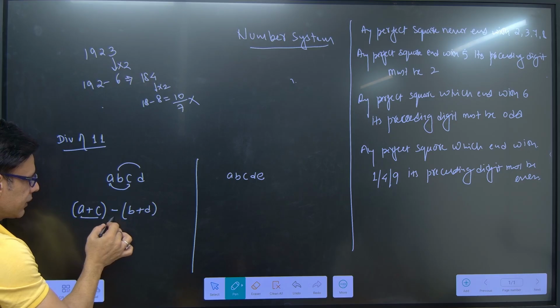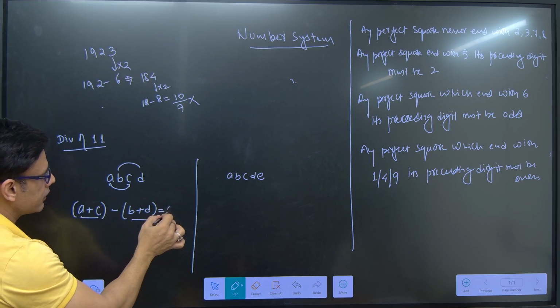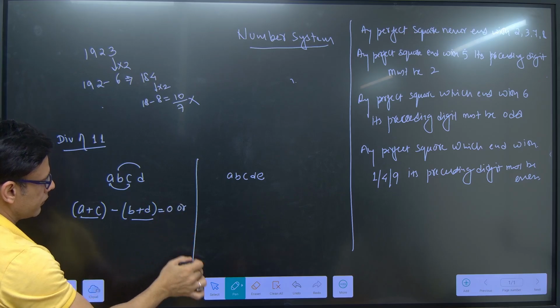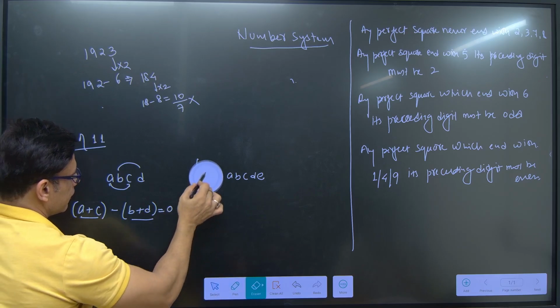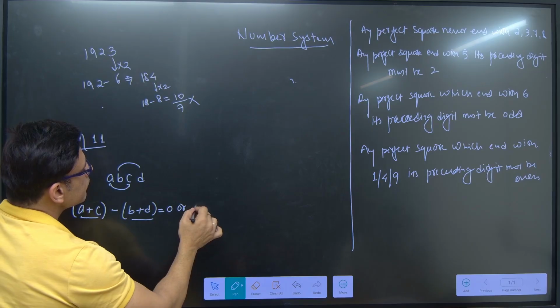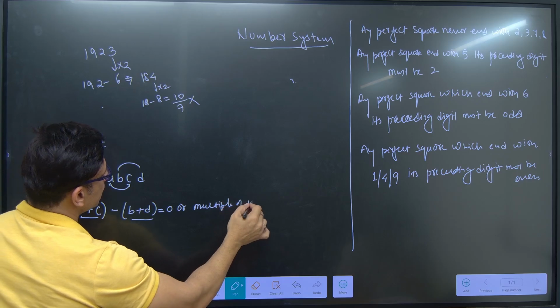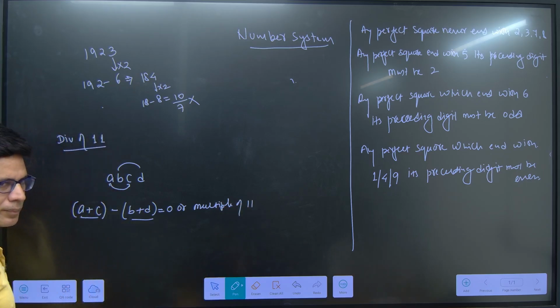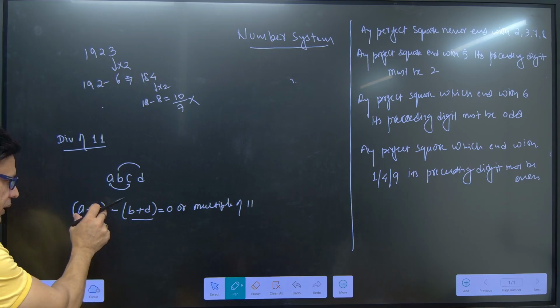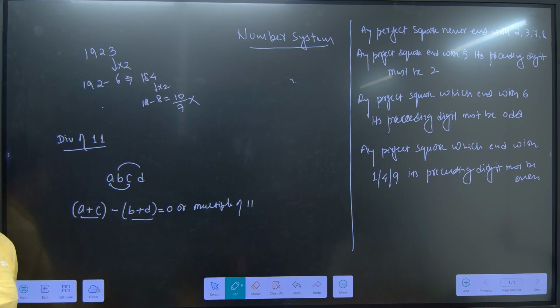Now, if this minus this, whatever that difference is, if that difference is 0 or a multiple of 11, the number is divisible by 11.